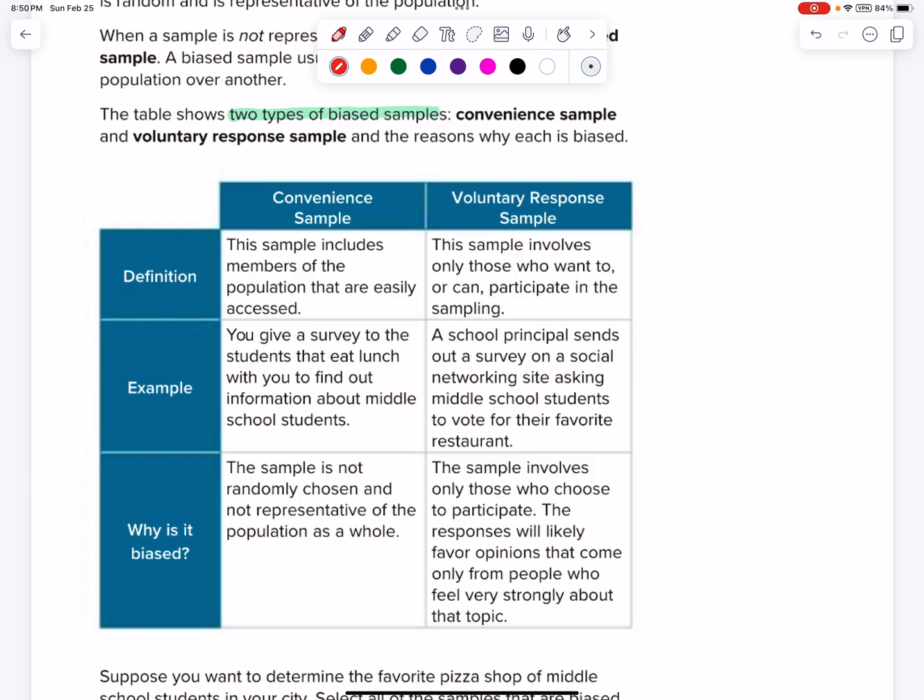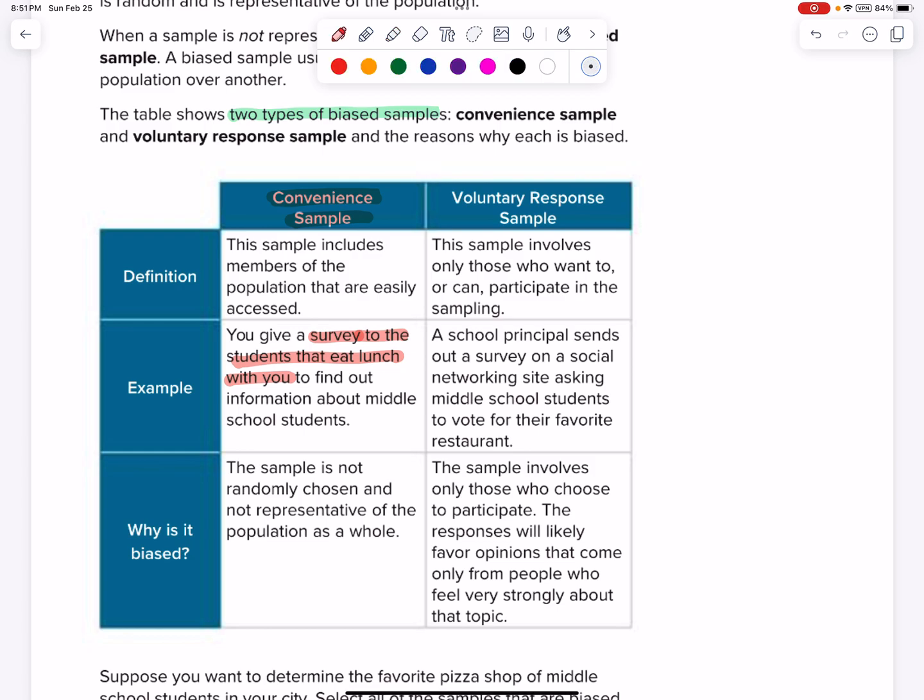Okay, so the convenience one, and I'll highlight this red. The convenience sample just includes members of a population that are really, really easily accessible. So for example, you just happen to be eating lunch with this small group of people, so you survey them instead. So surveying the students that eat lunch with you. So you only pick this small group.